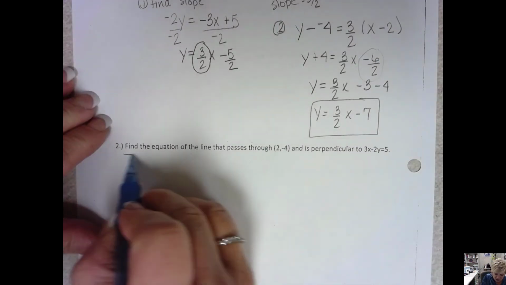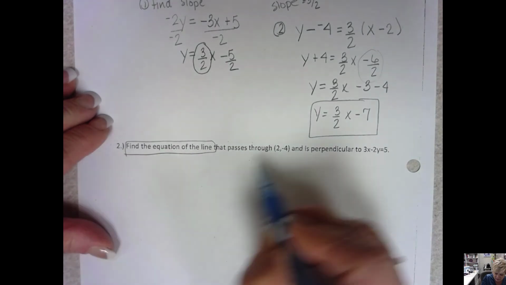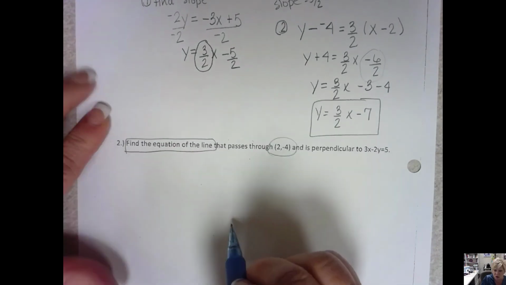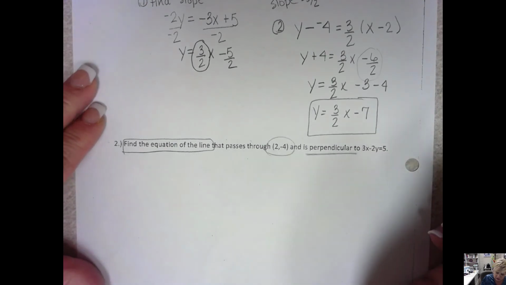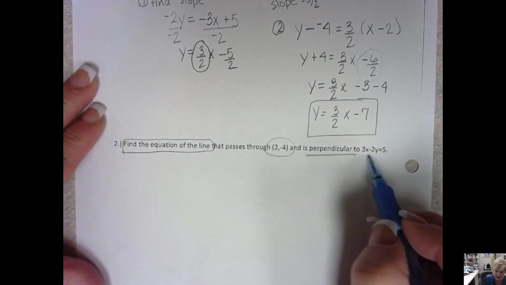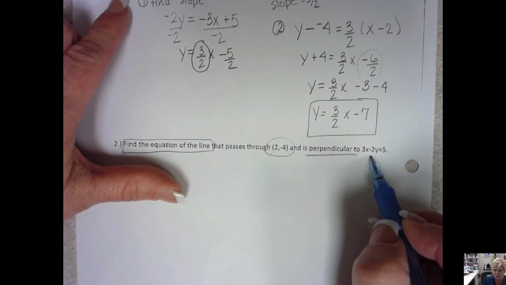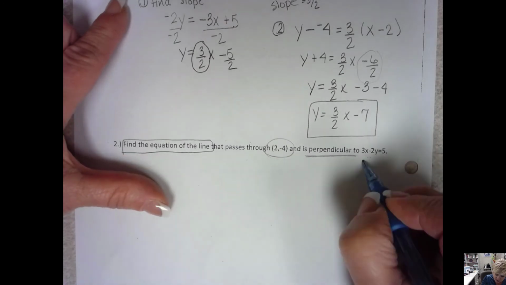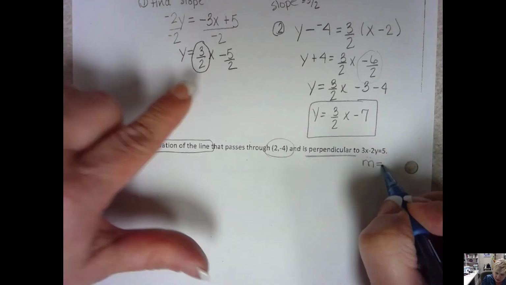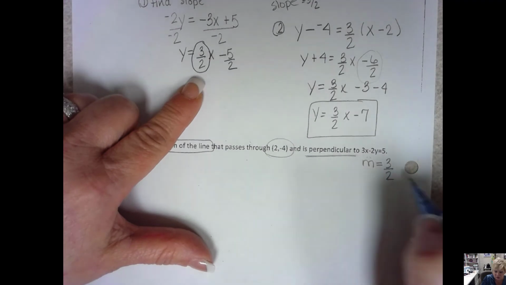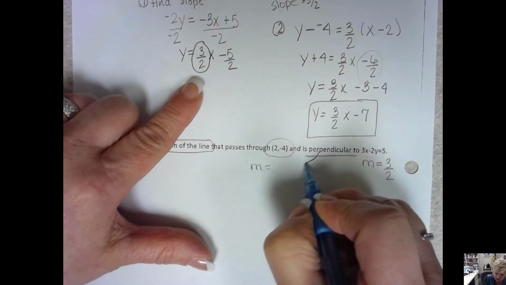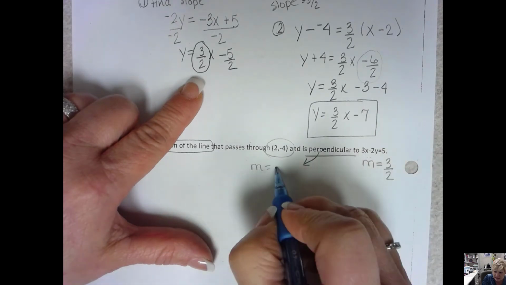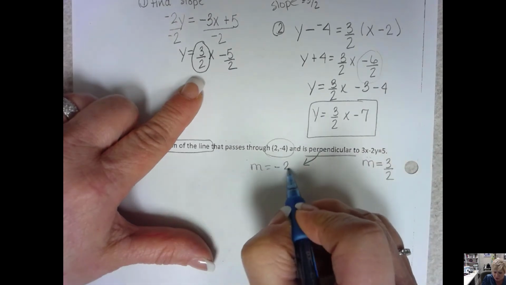Find the equation of a line, again, that passes through 2, -4, and it's perpendicular now. We have the same line down here as we did up there in number 1. So if my slope is 3/2 here, then the slope that I want for a perpendicular line would be the opposite reciprocal.